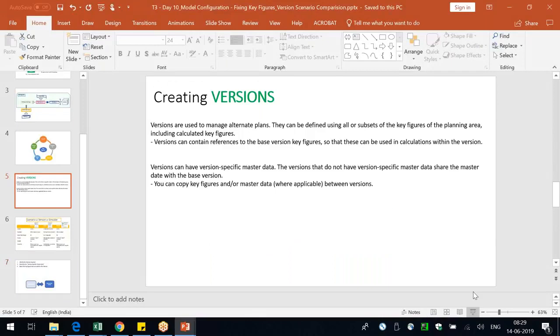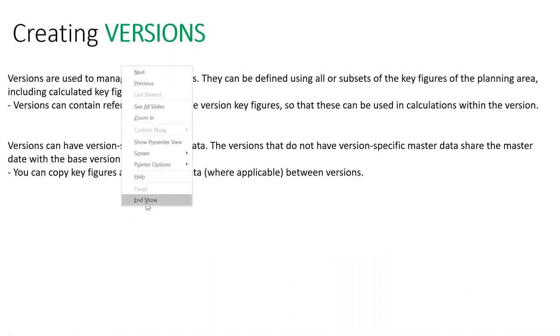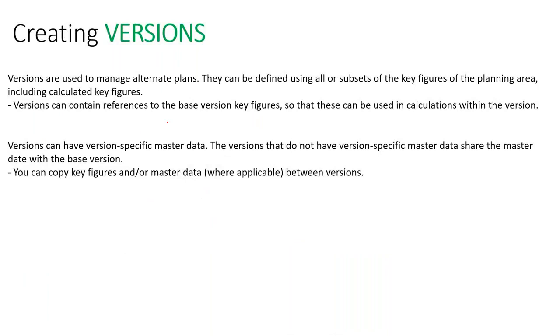So now you can think of what all we can do. Some theory. Now I think this makes more sense to you guys, right? To manage alternate plans. And this is a configurable element, so it is part of the configuration, so everyone can access it.